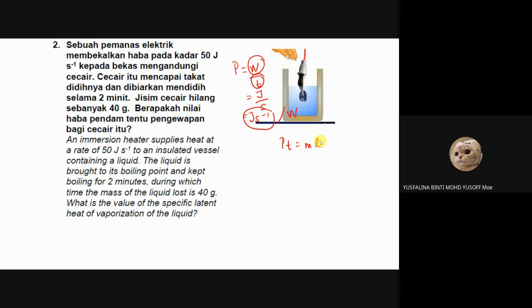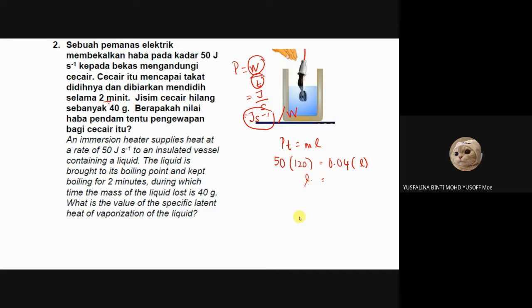How did you get so many zeros? Let's try to answer this one. The power is 50, and the time is in minutes, so you have to change to second: 120, because 2 multiplied by 60. The mass you have to change to kg because that is the SI unit, so 0.04, and you need to find the L here.